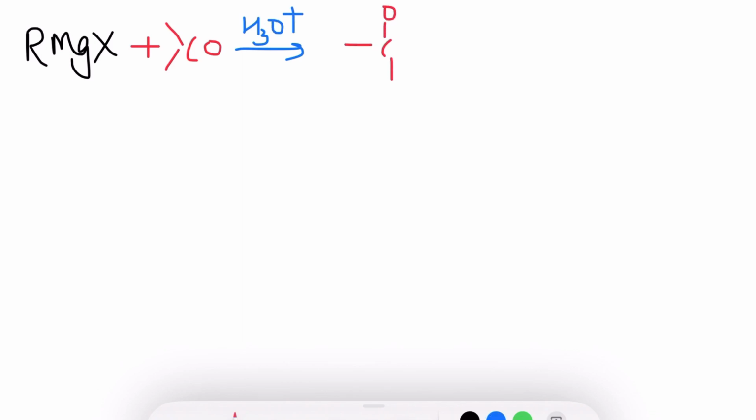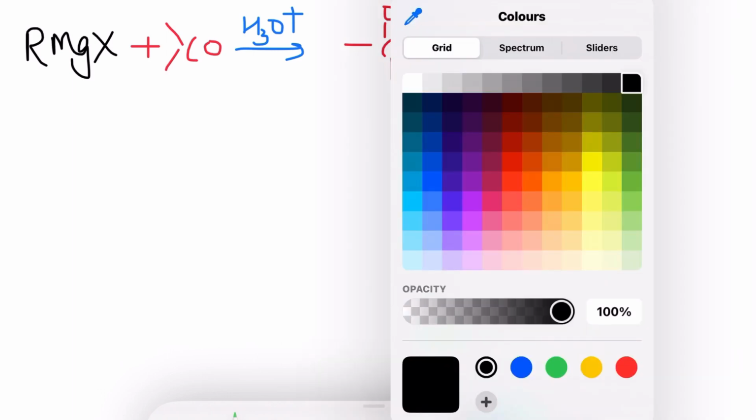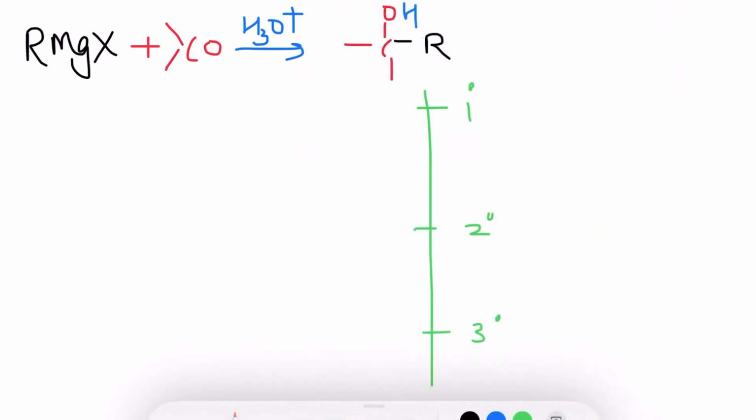Grignard reagent on addition reaction with carbonyl and on hydrolysis gives alcohol as a major product here. The resulting alcohol that will be either primary, secondary or tertiary simply depends on the nature of carbonyl we are using here.